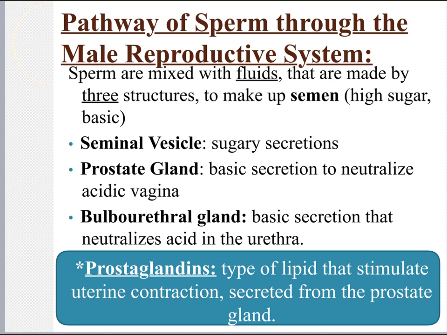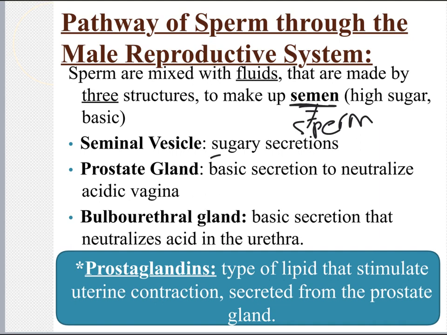When a male ejaculates, there's a pathway they have to take, and along the way, the sperm picks up several fluids that all together make up semen. So I want you to remember that semen and sperm are not the same thing. Semen does not equal sperm. Sperm are just the sex cells, okay? Semen is the fluid that they travel in, and the fluid is there for a very specific reason.